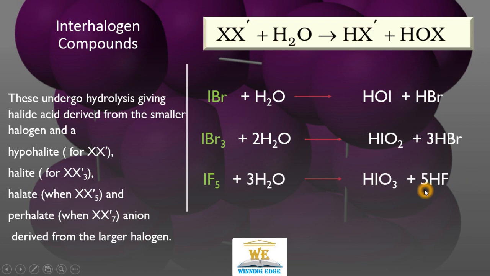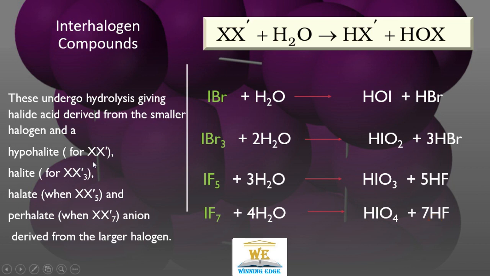The anionic species goes out as the halo acid, and the cationic species makes, here, iodate, iodic acid. IF7 will give us periodic acid and hydrogen fluoride.